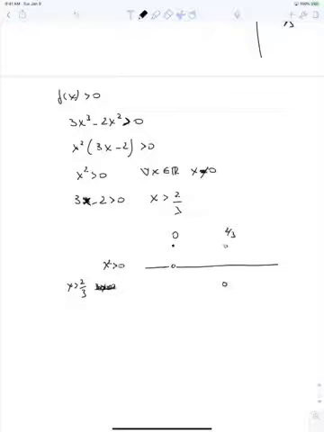We have already solved that. So it's positive here and negative here. So overall, this function is greater than 0 when x is greater than 2 divided by 3, and it's negative otherwise.